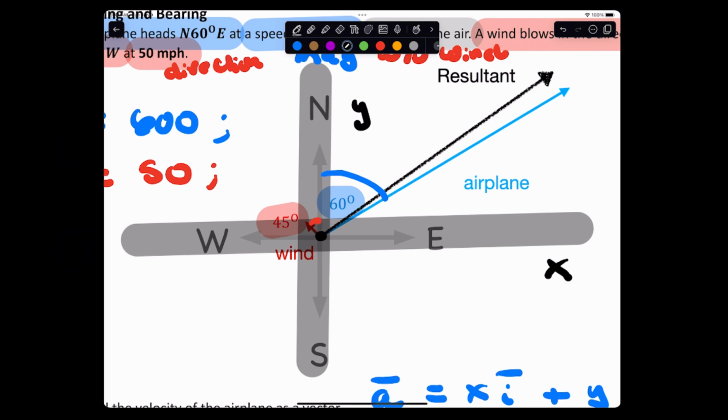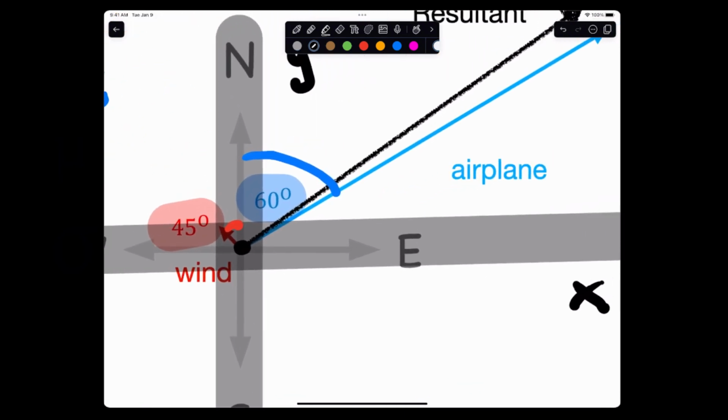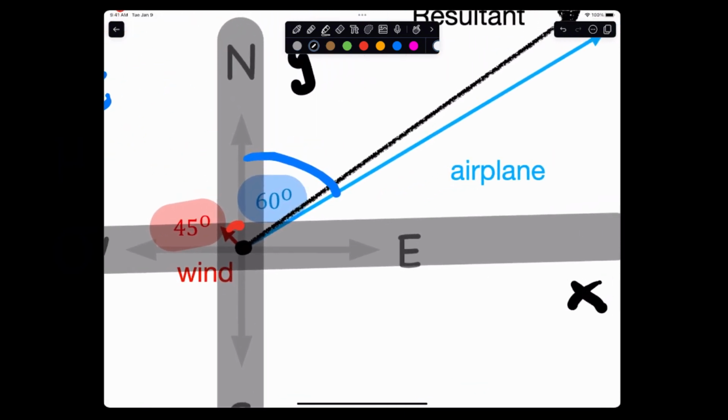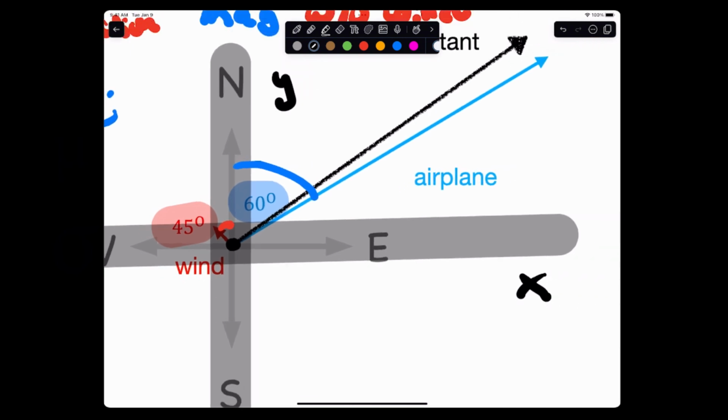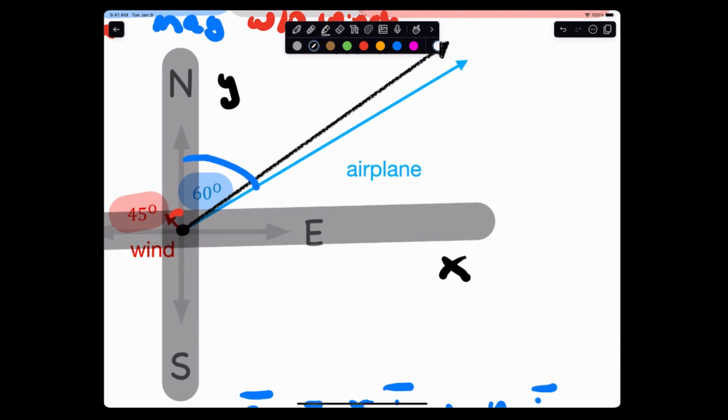So we need the standard angle, and let me write this vector straight. How do I get the standard angle for the airplane, the blue vector? What do I mean by the standard angle? It's the angle with the positive x-axis.